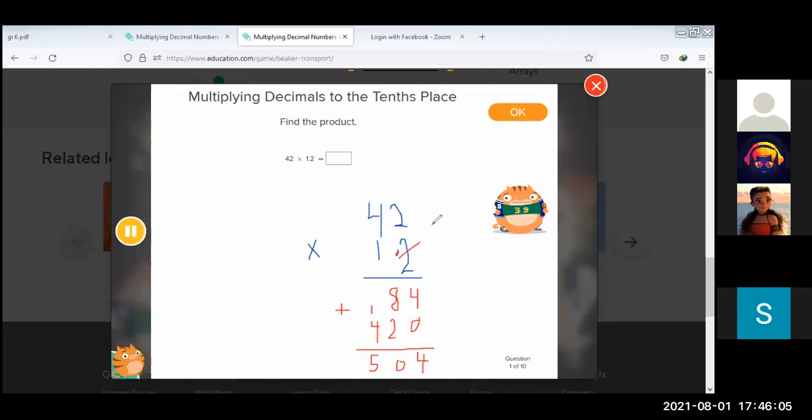No. So just after 1 digit from your right, put your decimal. It will be here, right? Let's write it now to see if it's correct or not. 50.4, and okay. That's it, right.